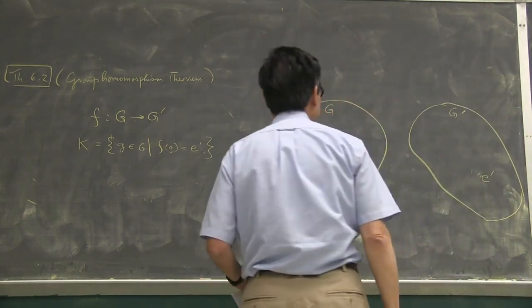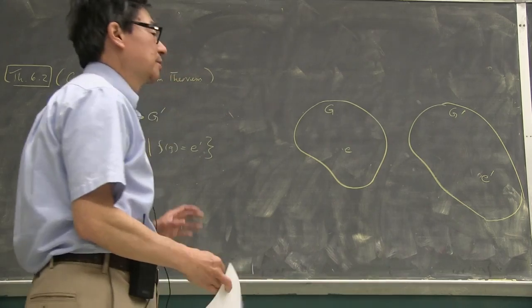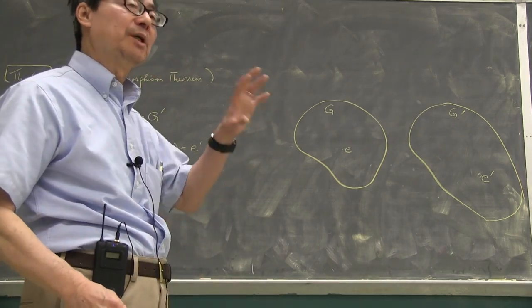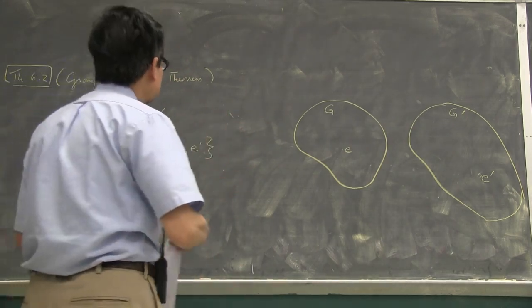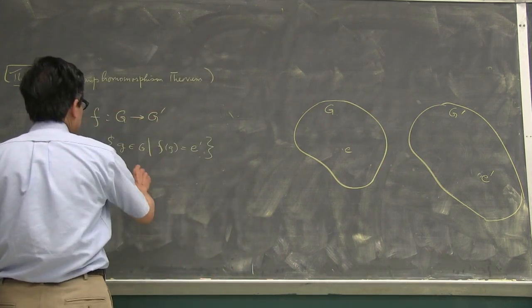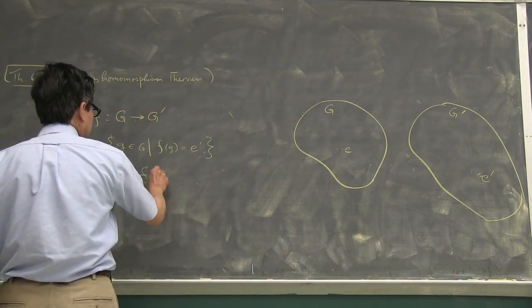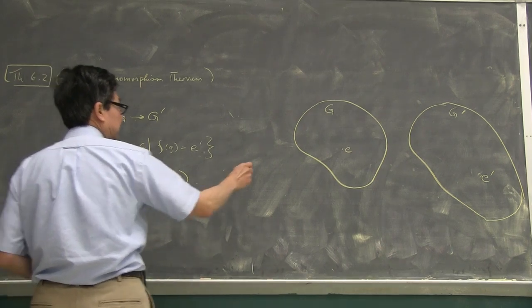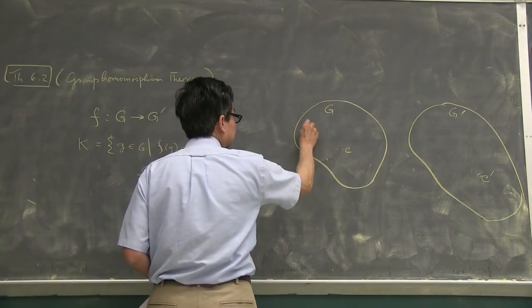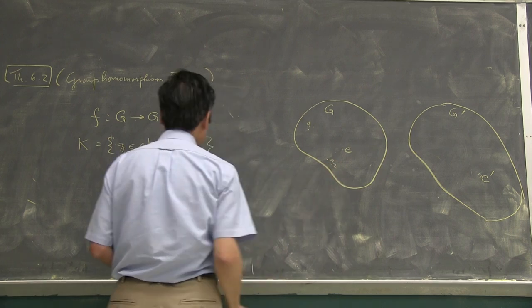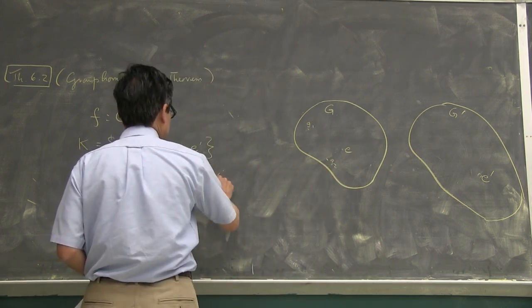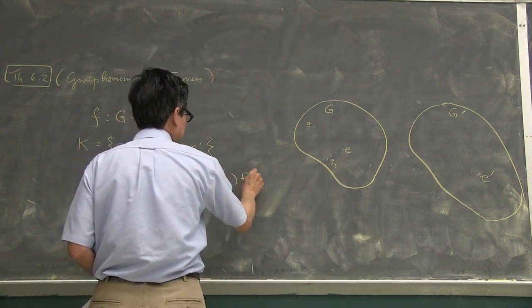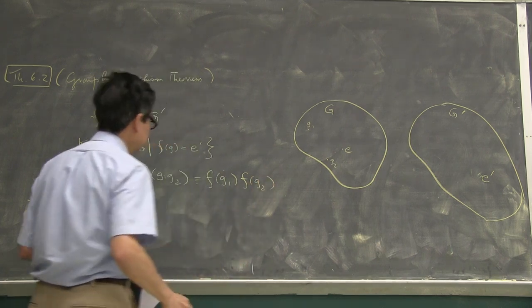And so now a group homomorphism is not necessarily a one-to-one mapping. All that it is required to do is that F of G1 G2, where G1, G2 are separate elements in G, is the same as F(G1) times F(G2). Okay?